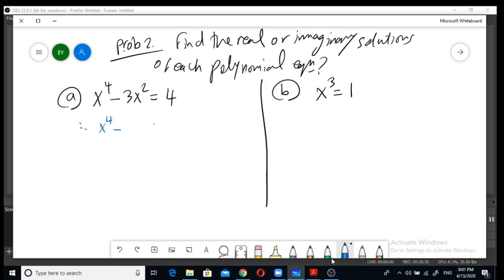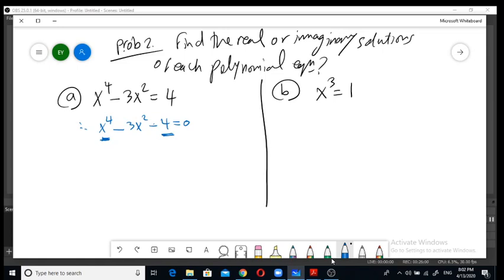x power 4 minus 3x squared minus 4 equal to 0. Here we have a problem. We have x power 4, not x cubed, x squared. And here we have a constant. So here we have a degree 4.